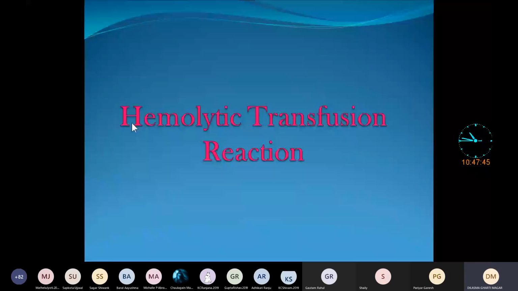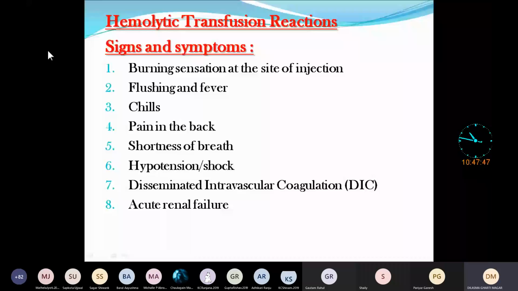Now the hemolytic transfusion reactions will have these signs and symptoms. There will be a burning sensation at the site of injection, means where we are transfusing this blood, at that site there will be a burning sensation. The patient will tell that I have a little bit of burning sensation, or I have irritation.